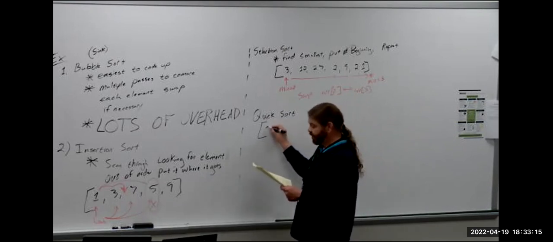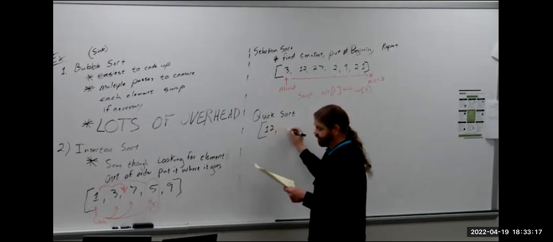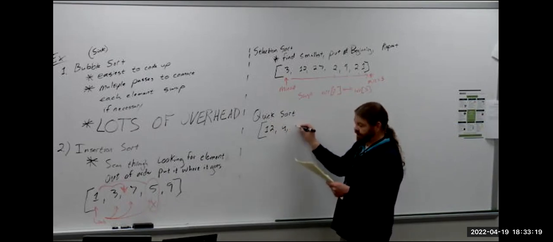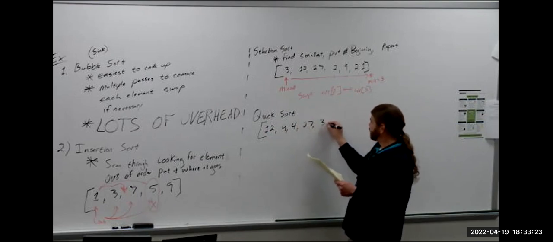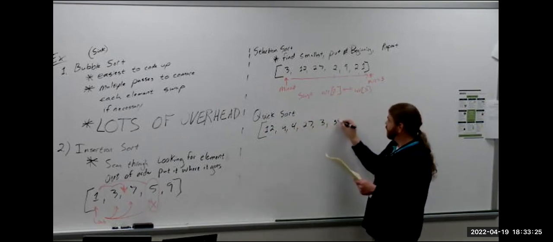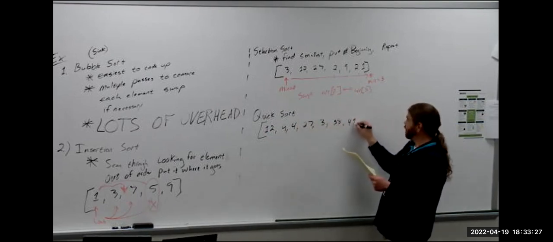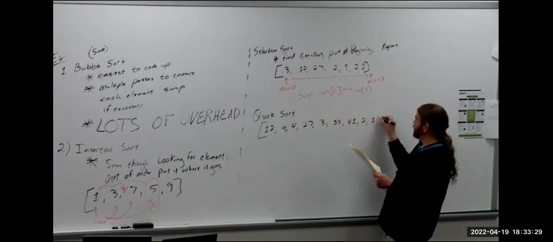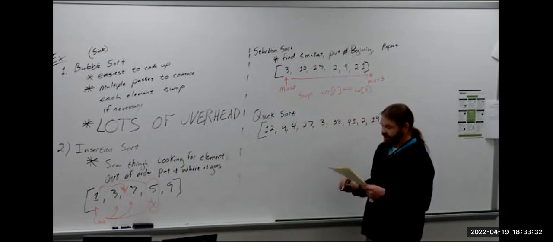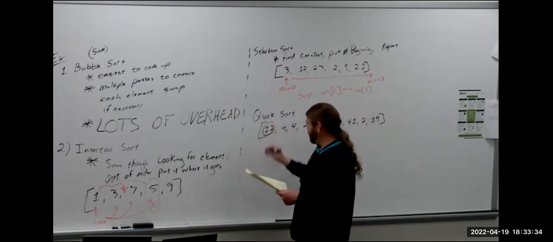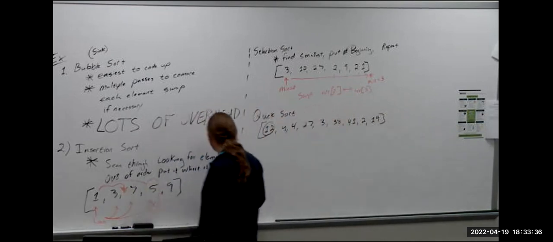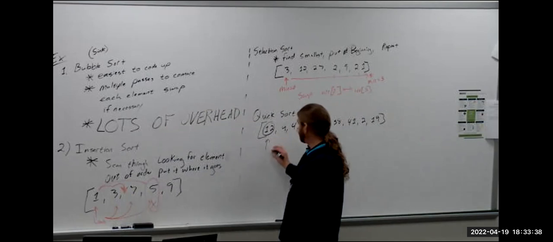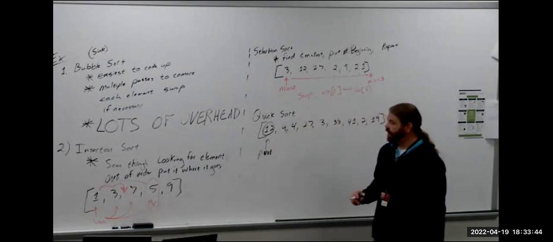So we have some array or list or whatever our collection is: 27, 3, 38, 41, 2, 19. We take our first element and call that the pivot. That's our pivot point.